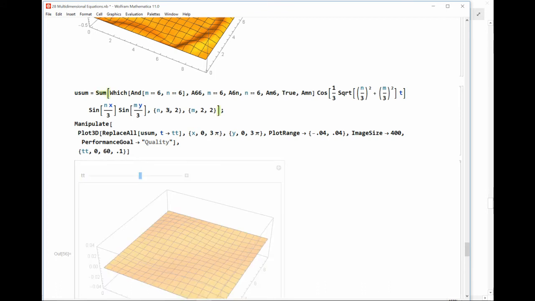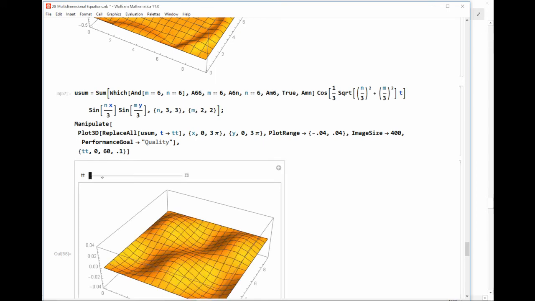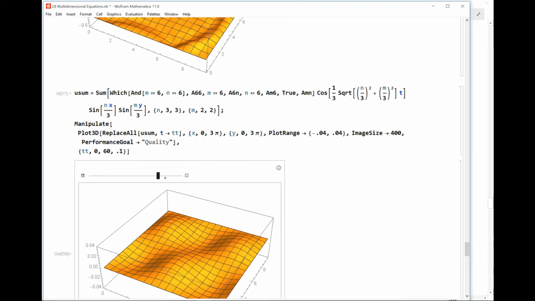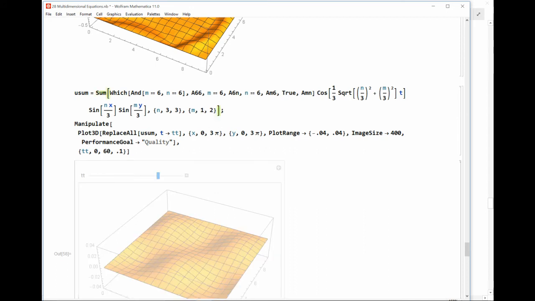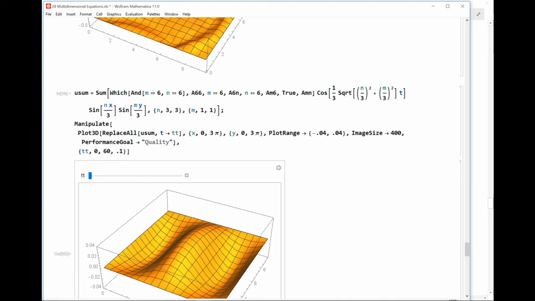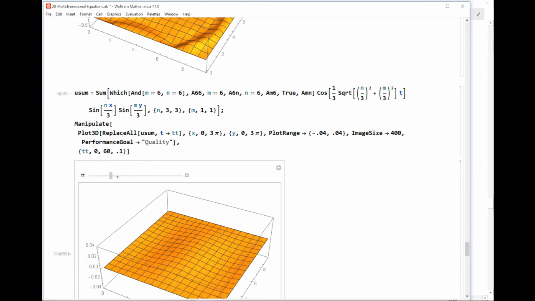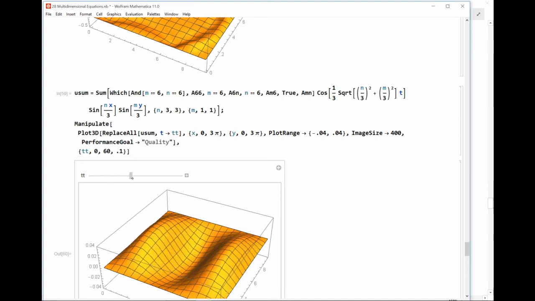Let's look at another one, n being 3 and m being 2. So what happens? Interesting waves when n and m are being 1. So the summation of these stationary waves produces this effect of a traveling wave.